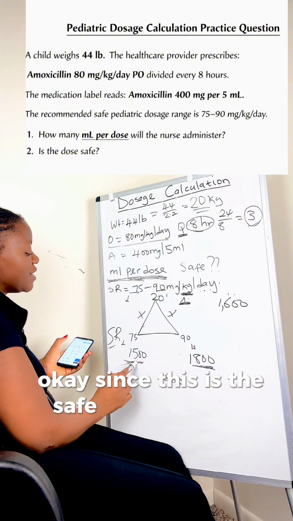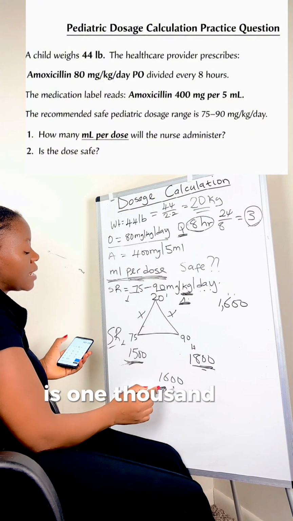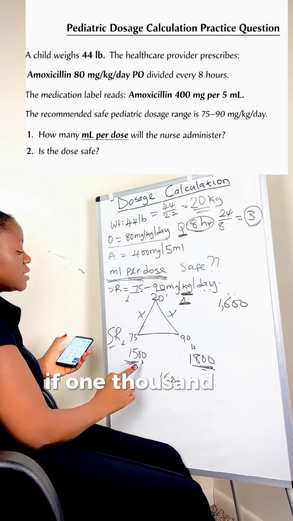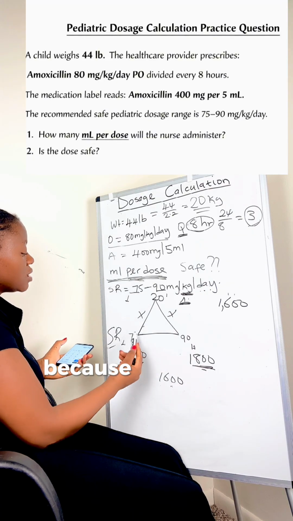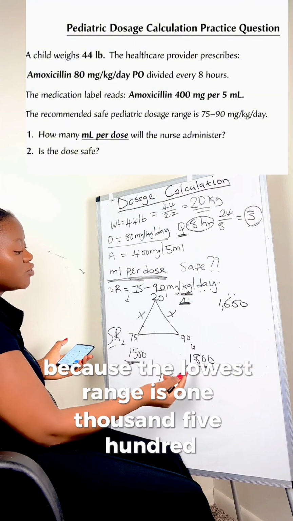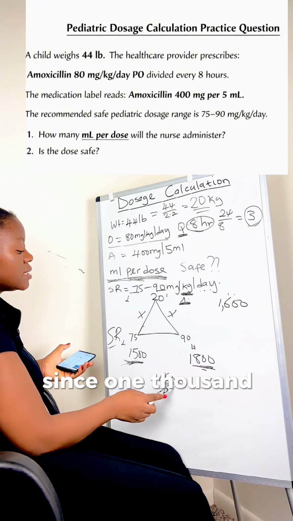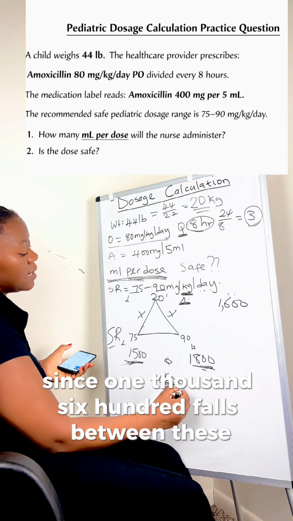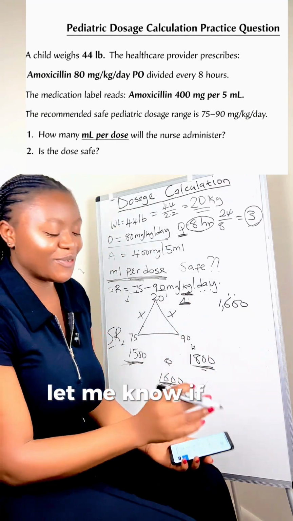Since this is the safe range for this child and what was ordered based on the weight of the child is 1,600, if 1,600 falls between this range, then it is safe, which is true because the lowest range is 1,500 and the highest is 1,800. Since 1,600 falls between these, then the medication is safe for this child. Let me know if you understood.